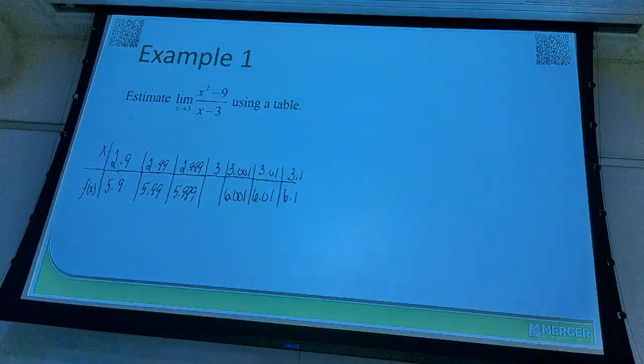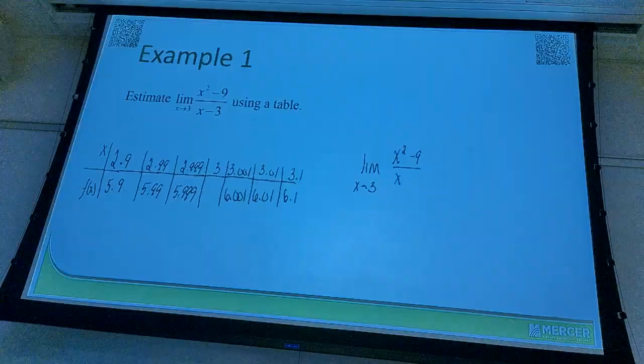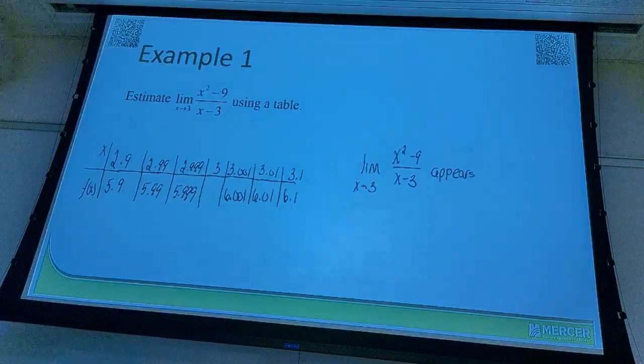Which means there'd be a hole at 3,6, because at 3 the function itself is undefined. Let's just say 6.